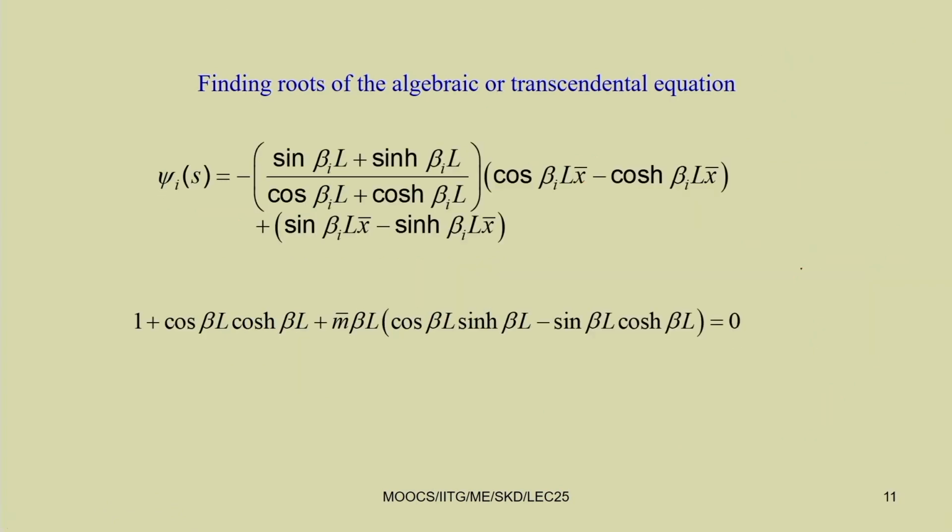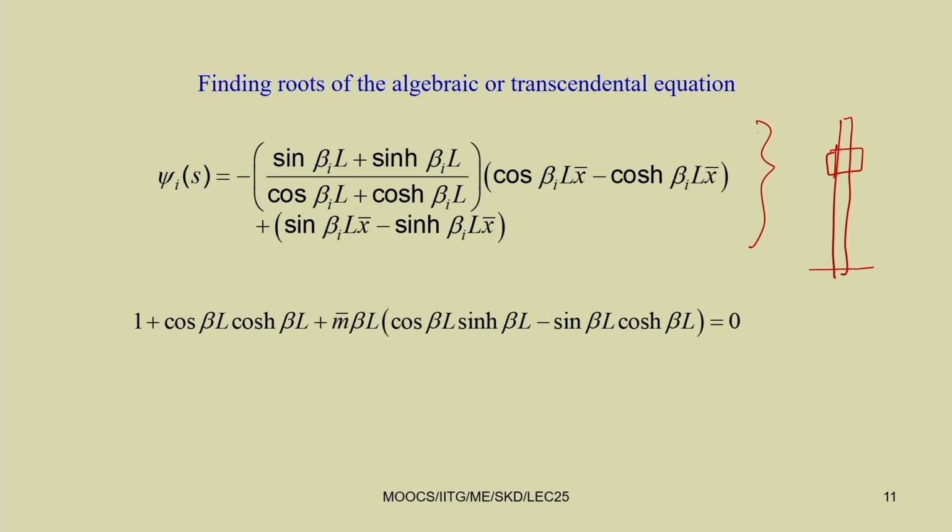For example, in the case of the cantilever beam that we have studied before with an attached mass, the equation will not be so simple. In this case, you just see we have a complex equation like this for psi i. Psi i contains minus sin beta iL plus sin hyperbolic beta iL divided by cos beta iL plus cos hyperbolic beta iL, into cos beta iL x bar minus cos hyperbolic beta iL x bar plus sin beta iL x bar minus sin hyperbolic beta iL x bar.